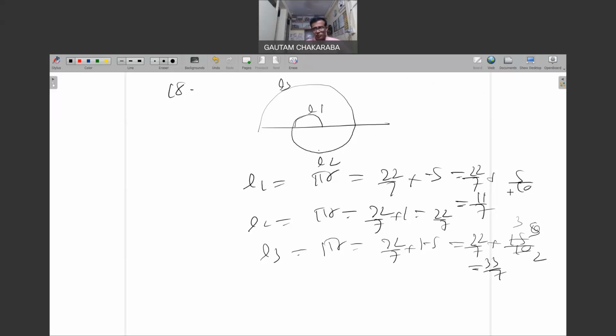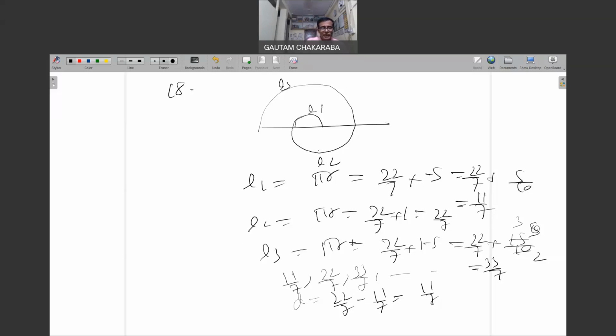Now you observe these consecutive terms, 11 by 7, 22 by 7, 33 by 7. They form an AP. Common difference is always 11 by 7: 22 by 7 minus 11 by 7 is 11 by 7, and 33 by 7 minus 22 by 7 is also 11 by 7.